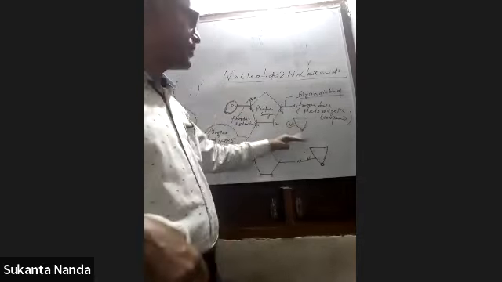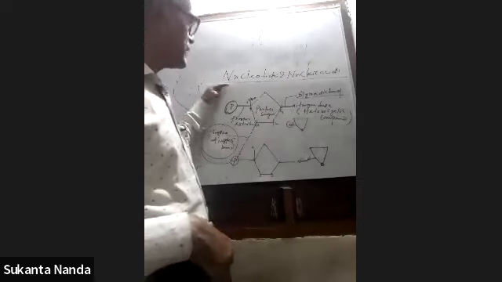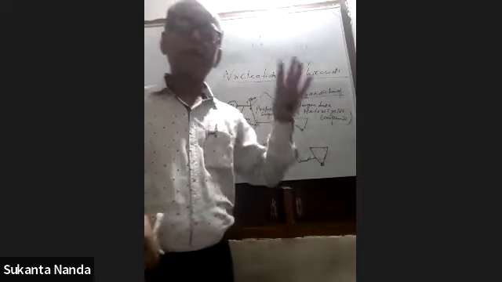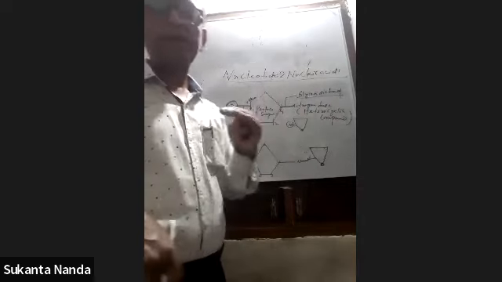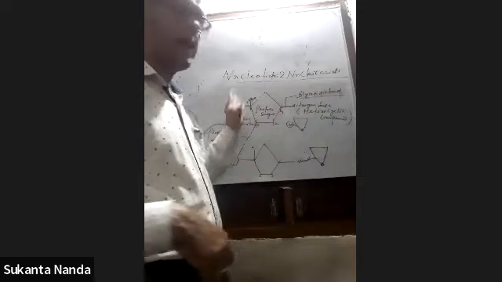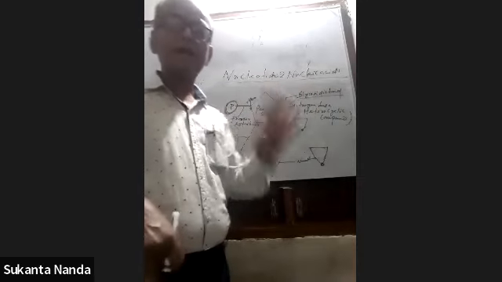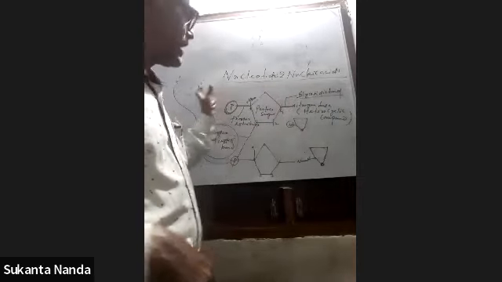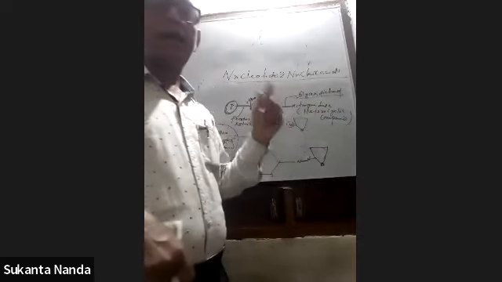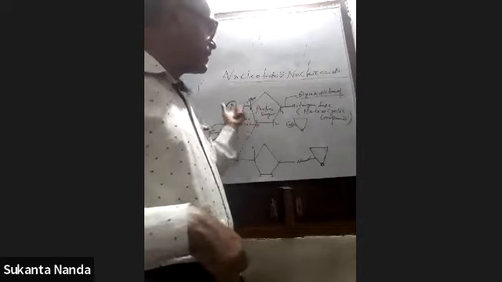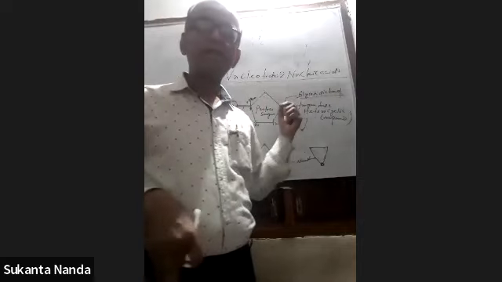So you have to remember that nucleotides are compounds of carbon, hydrogen, oxygen, nitrogen and phosphorus. Nucleotides are made up of 3 groups: pentose sugar, nitrogen base, and phosphoric acid.